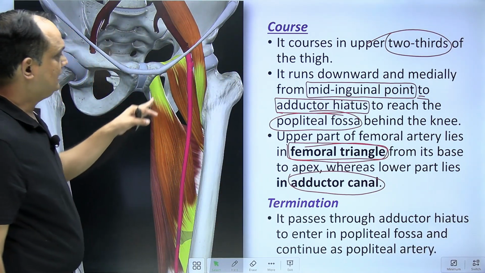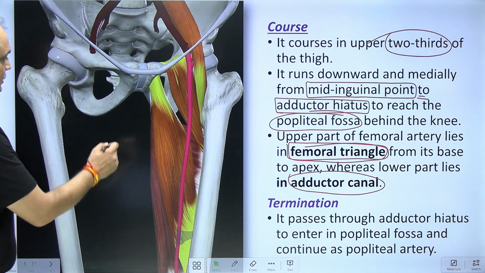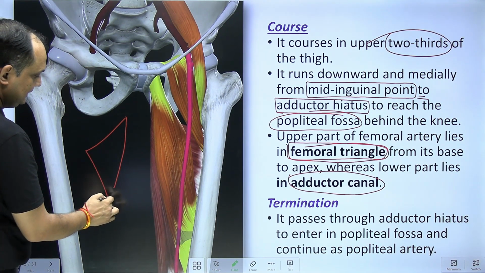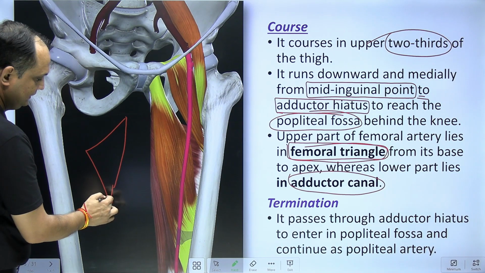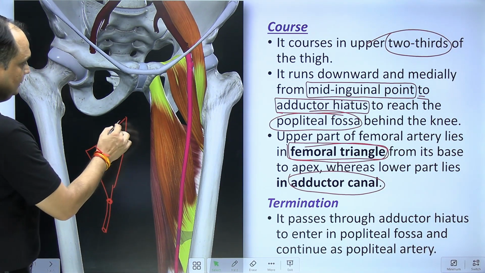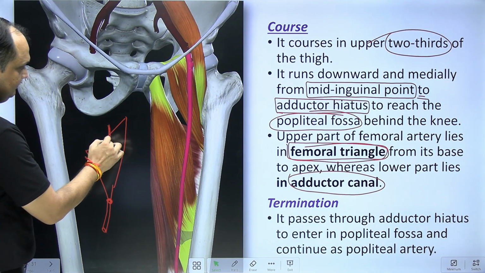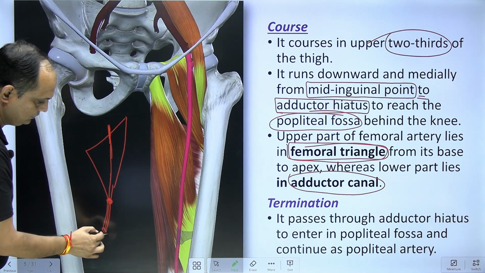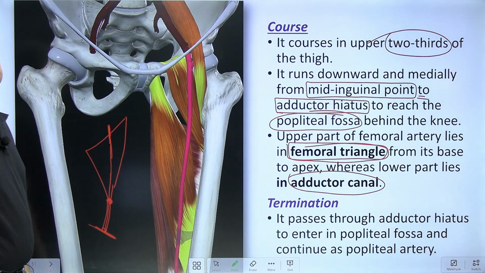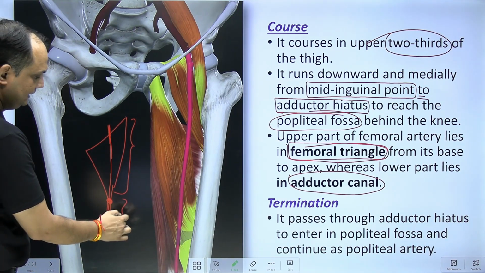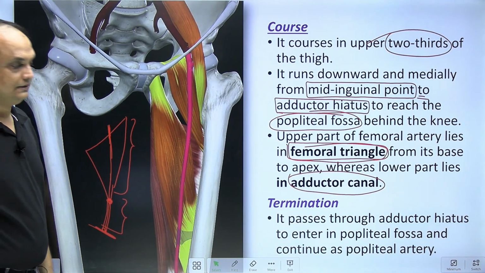So, whenever you are looking at the front of the thigh, you know that this is your femoral triangle, and the triangle apex continuing as a canal is known as the adductor canal. In this area this is the midpoint, and from here this artery will go till this adductor hiatus. But here the course has been divided into two parts, the triangle and the canal, clear.